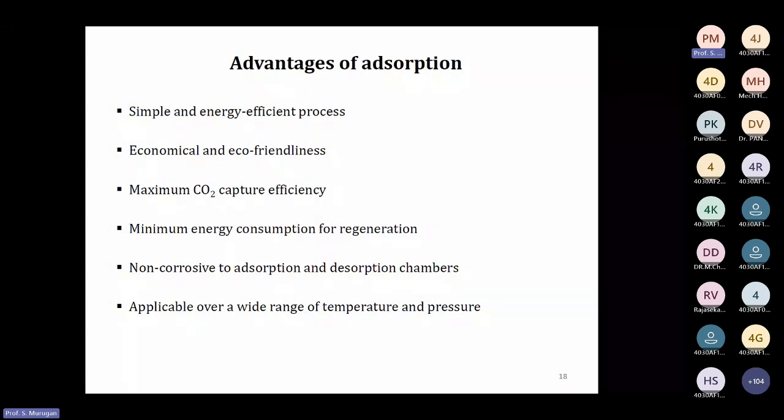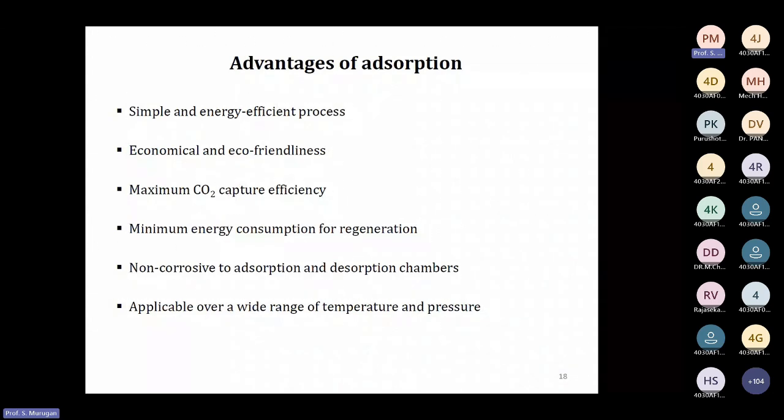Minimum energy consumption for regeneration means you can use that material, normally called adsorbent, again and again. That's called regeneration. It is non-corrosive to the adsorption and desorption chamber, and it can be used in a wide range of temperature and pressure.